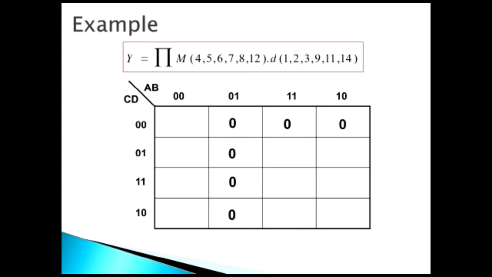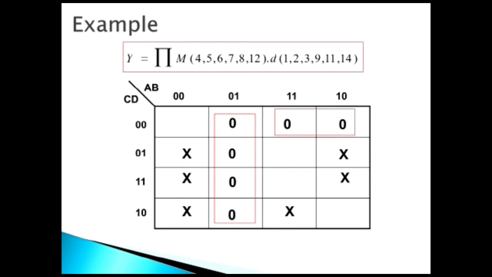Similarly, we will place the don't care term by showing cross at 1, 2, 3, 9, 11 and 14. Now we will make the grouping in this case. The one group is becoming like this and second group is becoming like this.